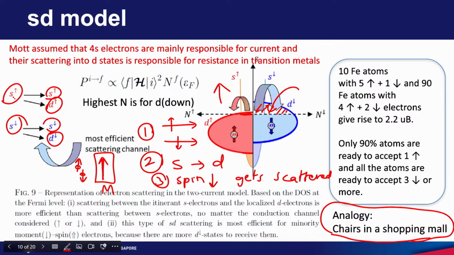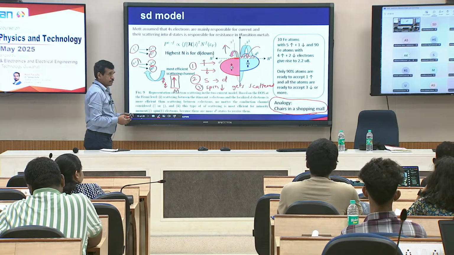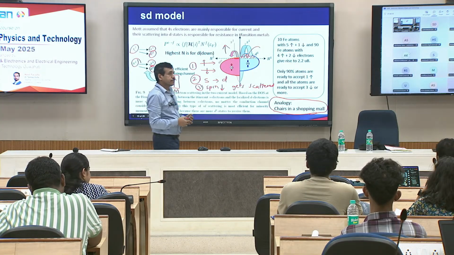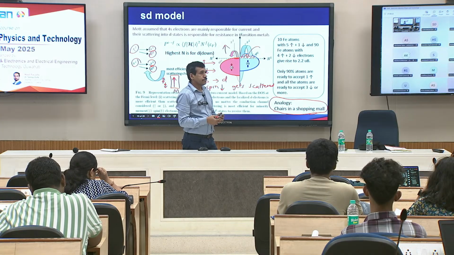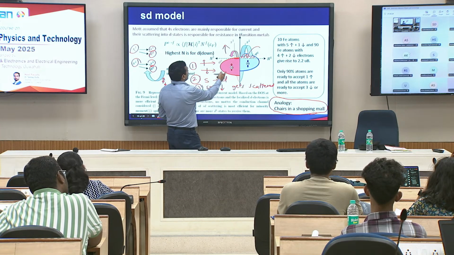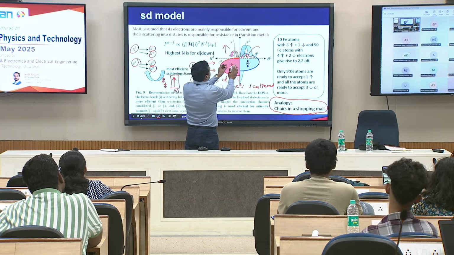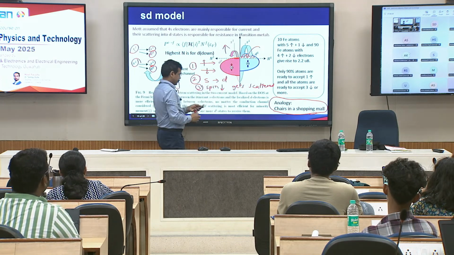The ones with opposite magnetic moment compared to the magnetization will get scattered. We can conclude that if the density of states for one kind of spin is completely filled, the magnetization of the material will be in that direction. Yes. Here this is completely filled, so we can say the magnetization is in this direction.